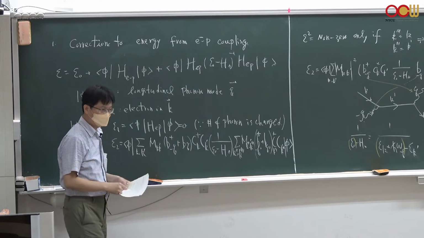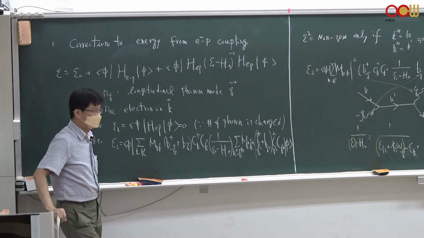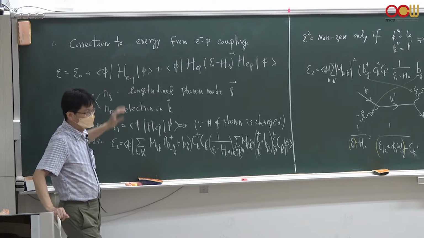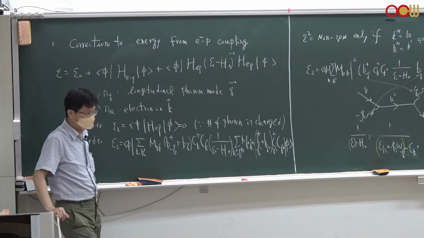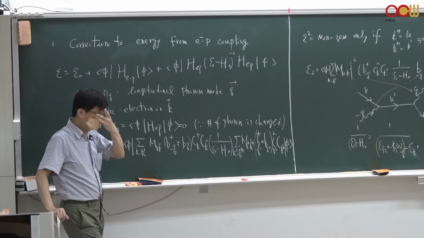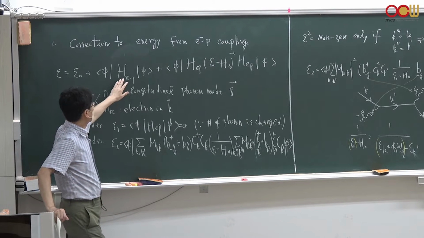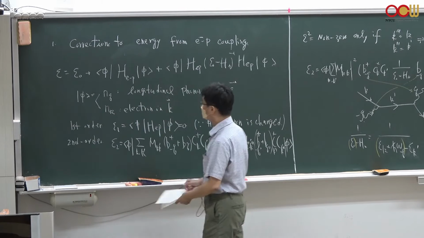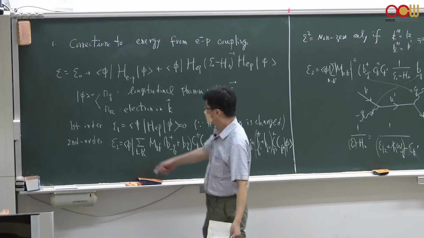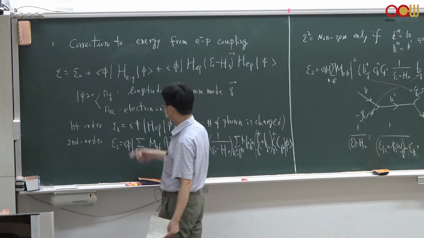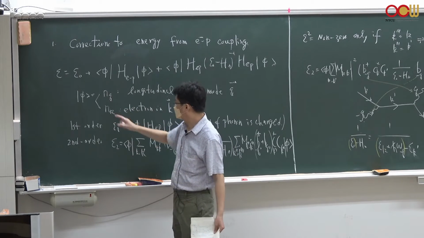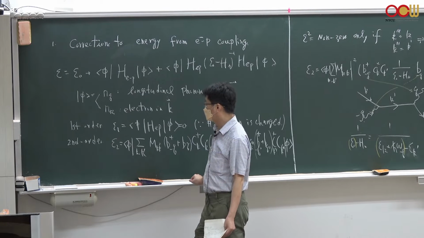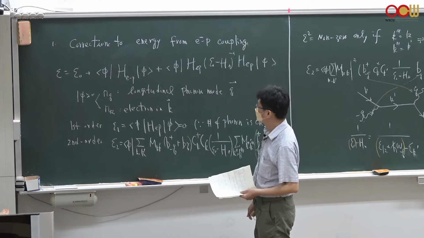Assuming that electron-phonon coupling is a weak perturbation, we can treat this H_EP, the electron-phonon Hamiltonian, as a small perturbation. We do perturbation theory in H_EP, expanding based on the unperturbed eigenstate, which contains n_k electrons carrying momentum k, and also n_q longitudinal phonons.